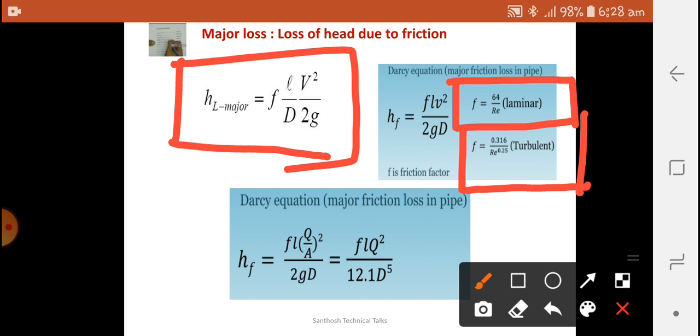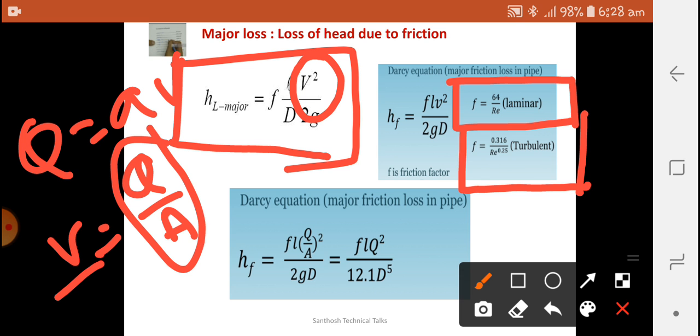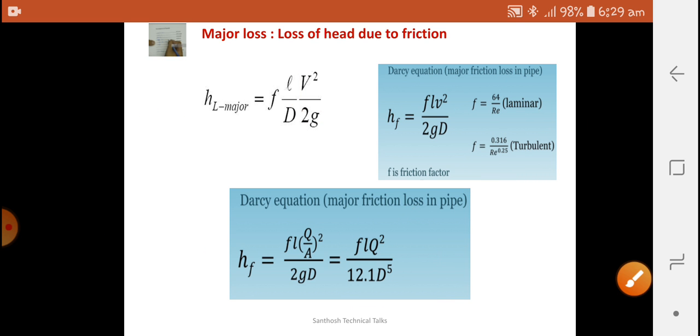I can make a formula instead of velocity v. We know that Q is equal to A into V. Therefore, V is equal to Q by A. If I put Q by A instead of V, the formula comes out like this: f L Q square divided by 12 d power 5. So this formula you have to remember for problem solving as well as better understanding.